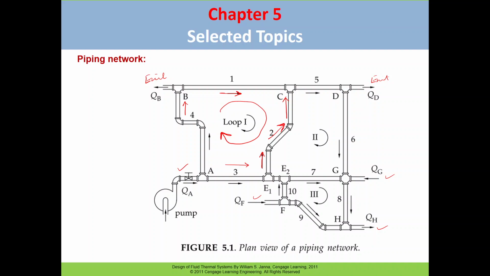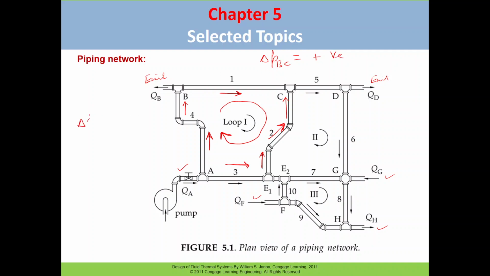The flow direction in line number 2 is counter to the loop direction. The flow direction in this 3 is also counter to the loop direction, and here this is in the direction of the loop. So when we calculate the pressure, this we will consider as positive because this is in the direction of the loop.